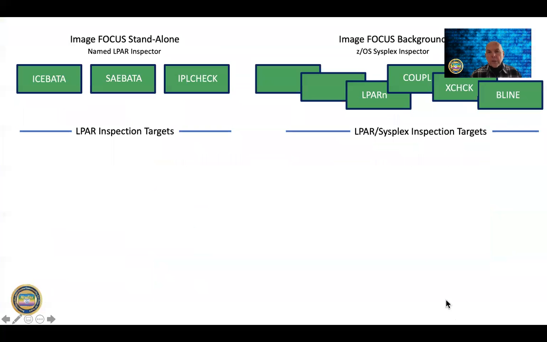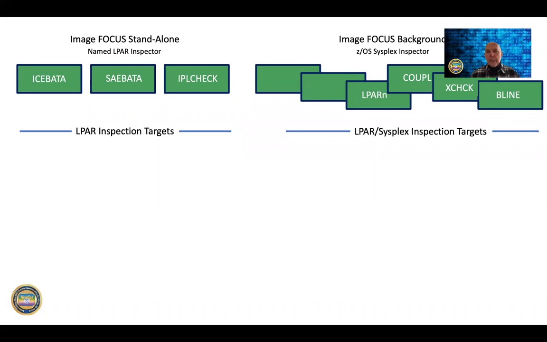So the first thing to consider is the breadth of inspection possibilities that are offered by image focus. There are standalone inspectors called ICE-BAT, SAE-BAT, and IPL check. And there are cisplex inspectors that we refer to as the background. At the end of the day, they essentially are all doing the same thing.